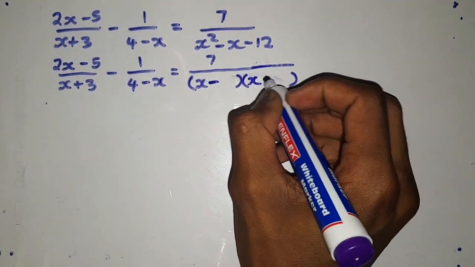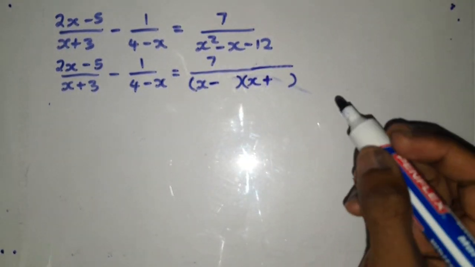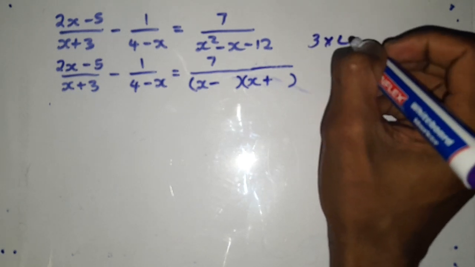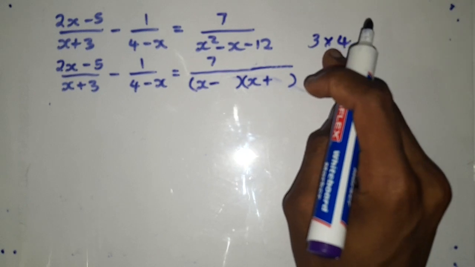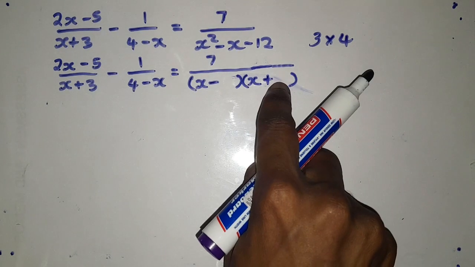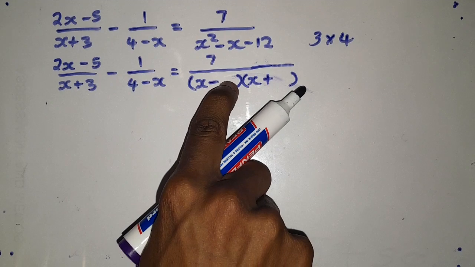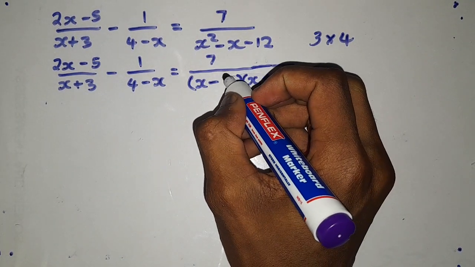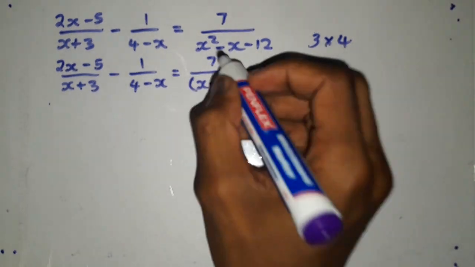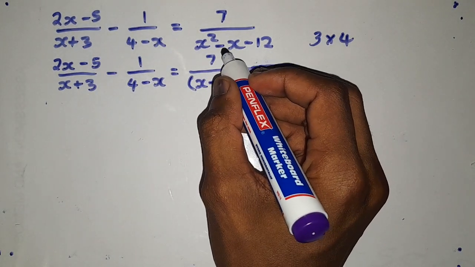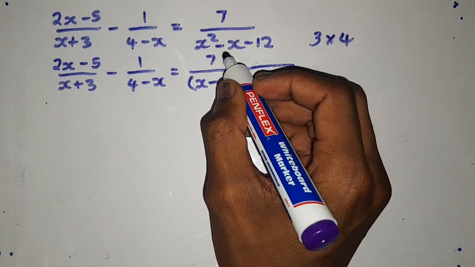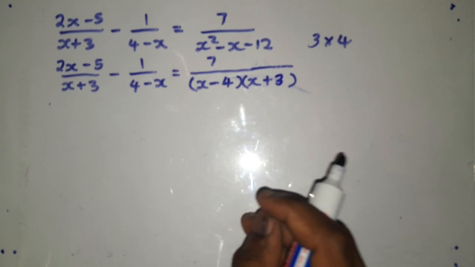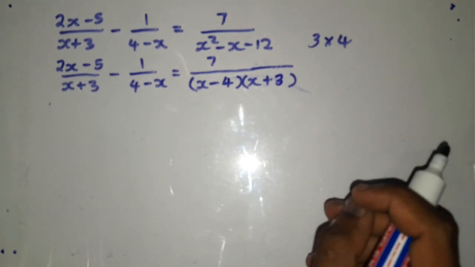Clearly we are going to have different signs. We have 3 multiplied by 4, but we must put the 4 on this side. Why? Because the middle term is negative, so the bigger number takes the sign of the middle term, which is negative. So 4 then and 3.